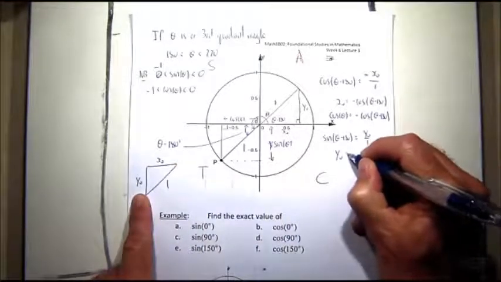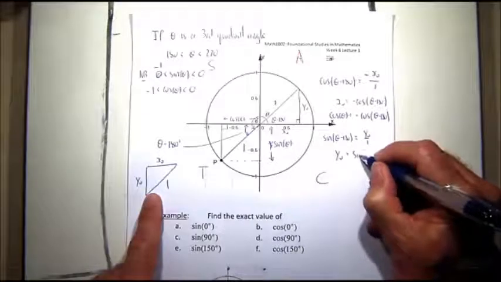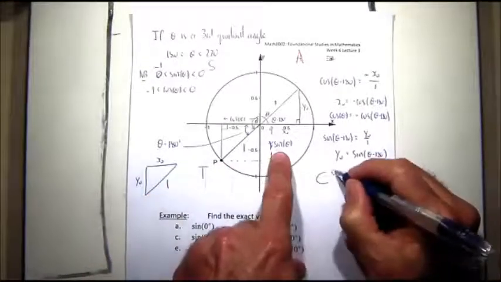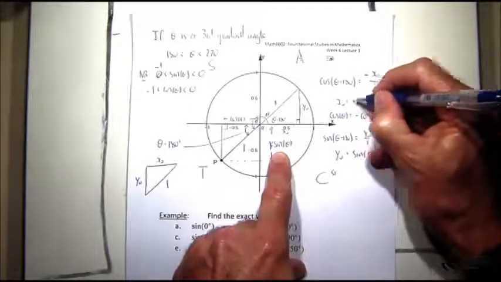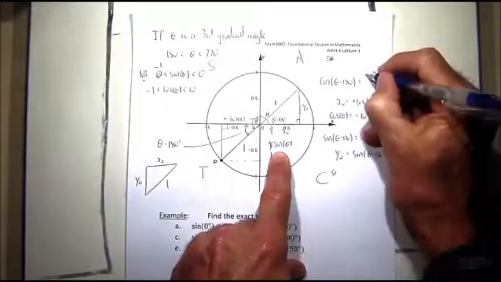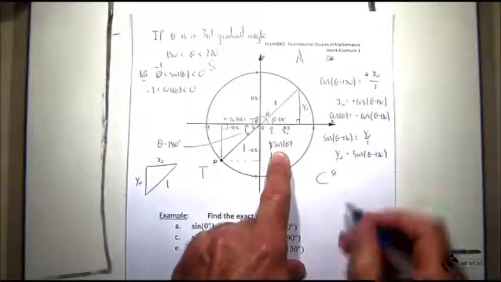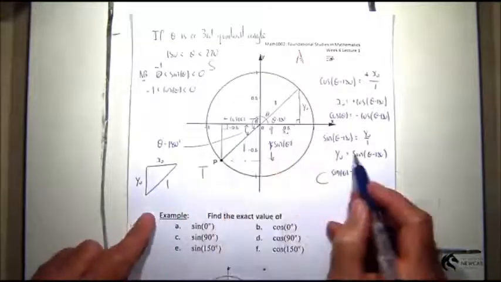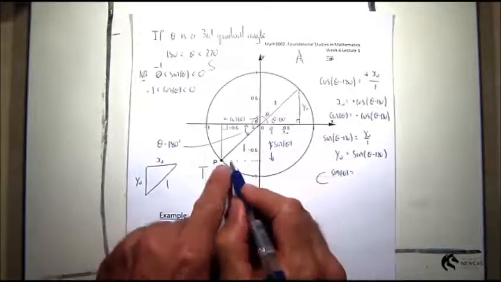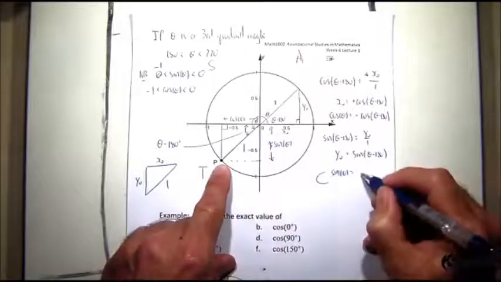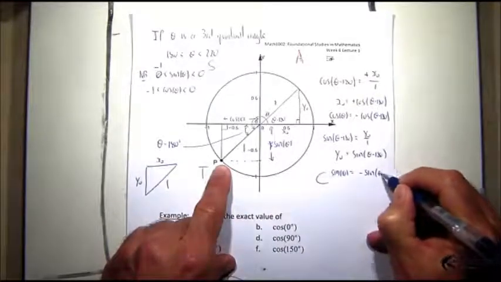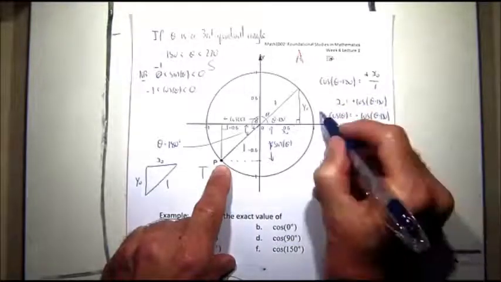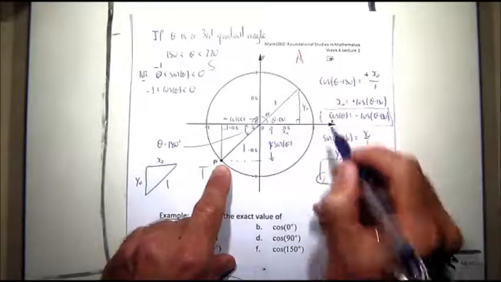So y naught is the sine of theta minus 180, and then, therefore I can say, this is what I should have done. That should have been a plus there. I'll do it, this is much better. So here, so sine theta, now y naught is that, but I know this is negative. So sine of theta is minus the sine of theta minus 180 in there. I can put that like that.